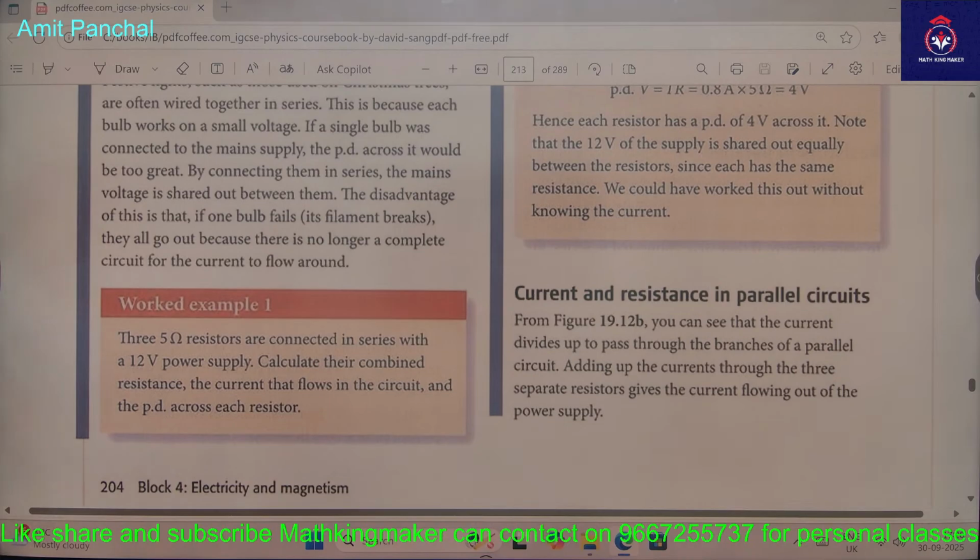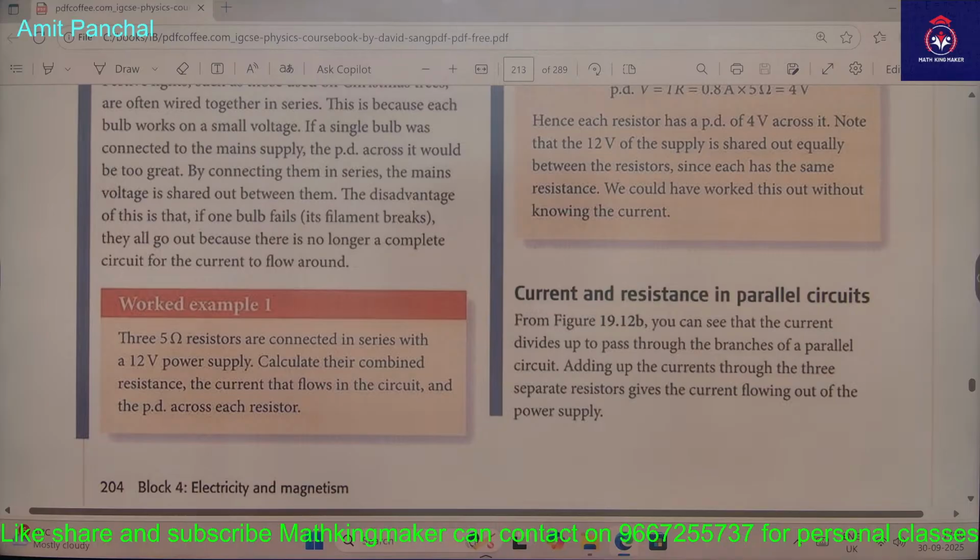Just do this example 1. So the resistance is 15 ohm.